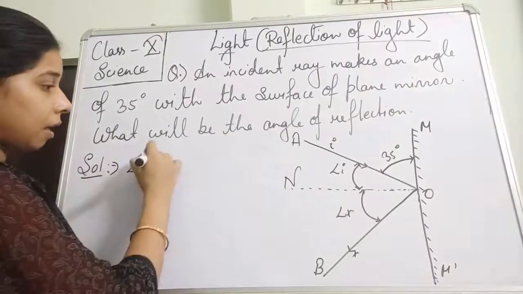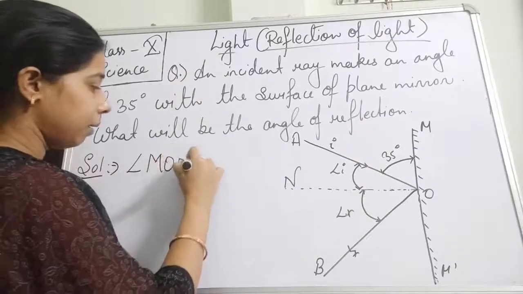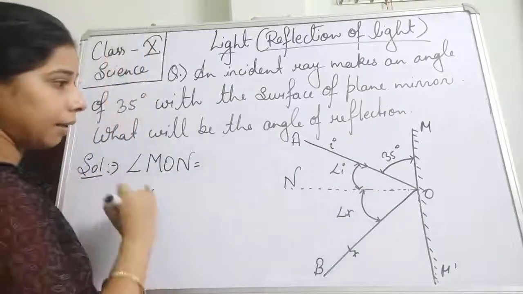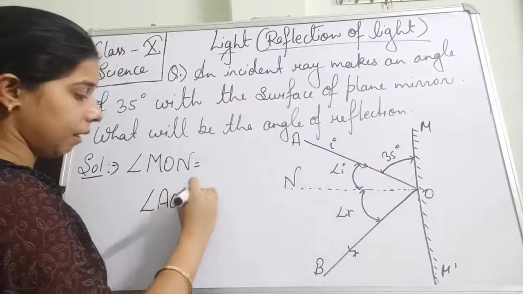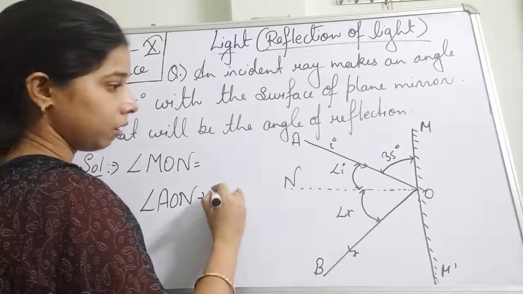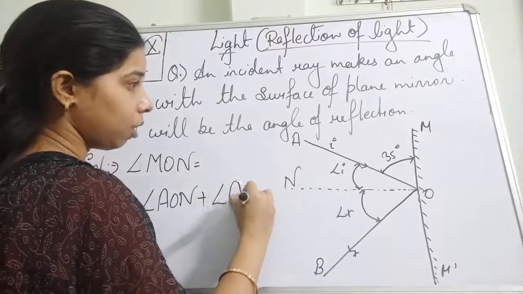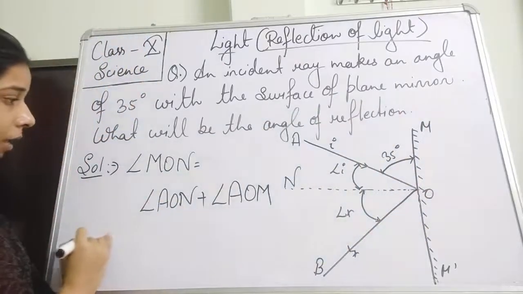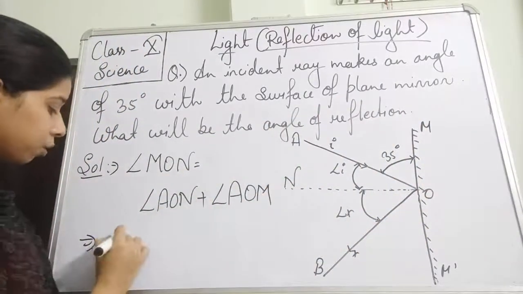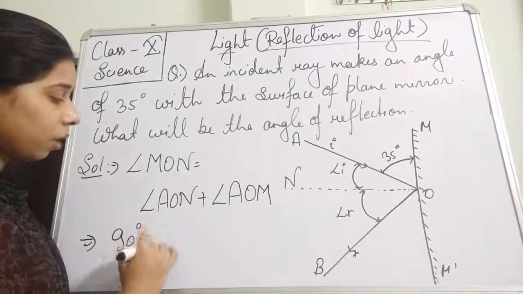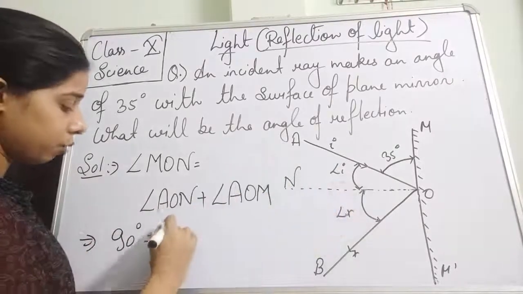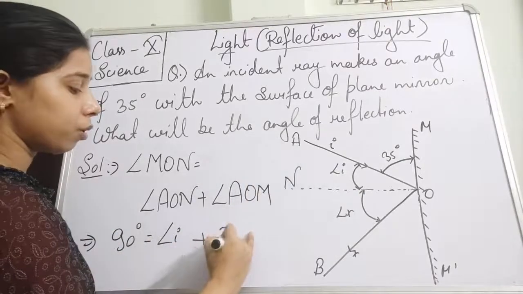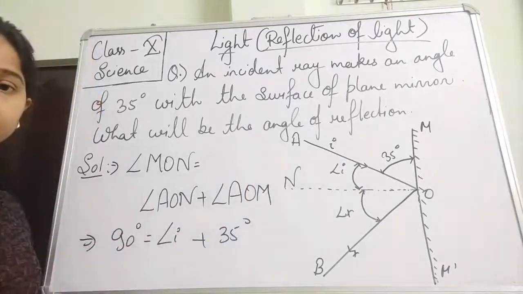Now we can write it like this: angle MON is equal to angle AON plus angle AOM. Now see here, angle MON is equal to 90 degrees. That is equal to angle AON, that we have to find, we will write it here as angle I, plus angle AOM, which is equal to 35 degrees.